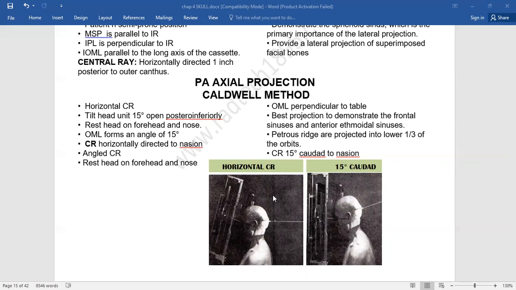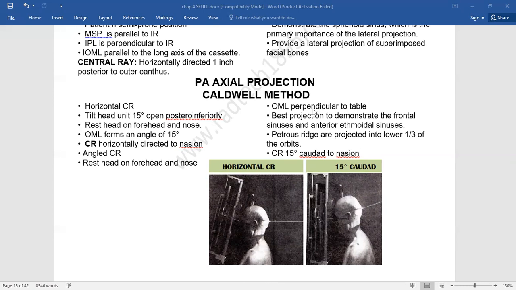So, kapag nakatilt yung head ng patient, katulad sa left na picture dyan sa baba, wala na siyang angulation. So, horizontal lang directed to nasion. Pero halimbawa, if hindi kaya ng patient or yung hindi kaya ng ating unit na mag-tilt ng 15 degrees, yung ating central ray may angulation of 15 degrees.